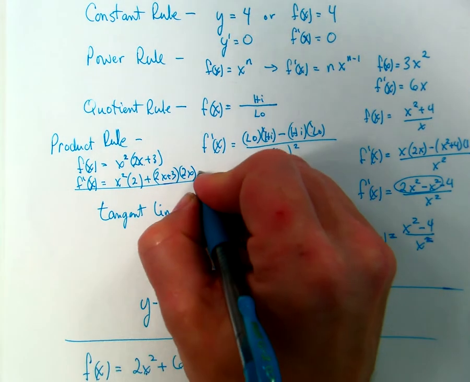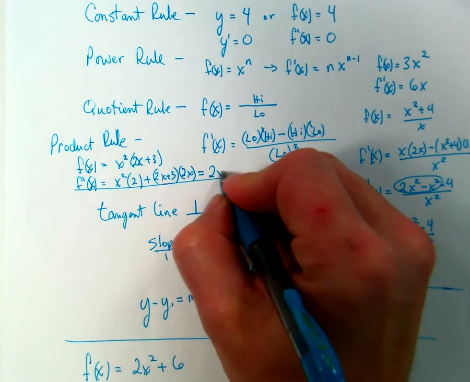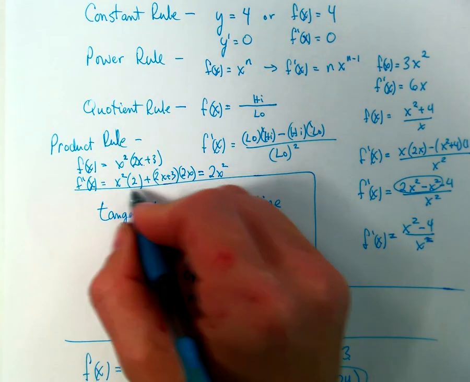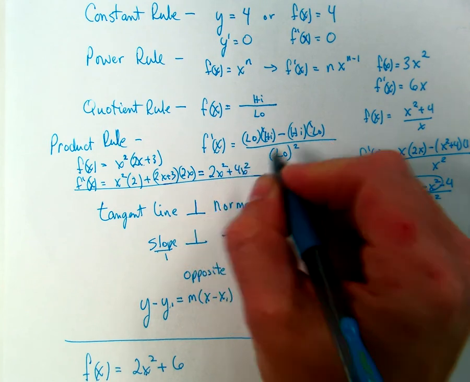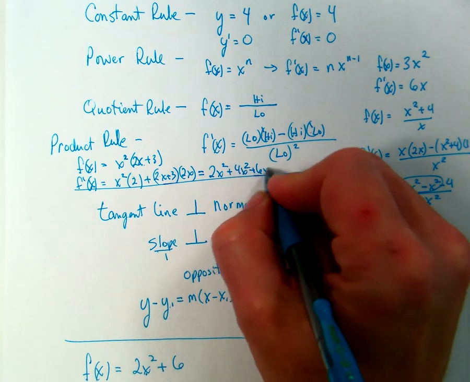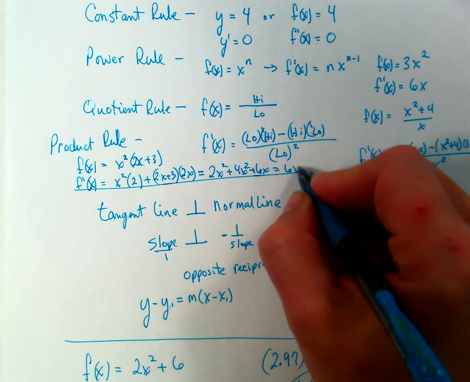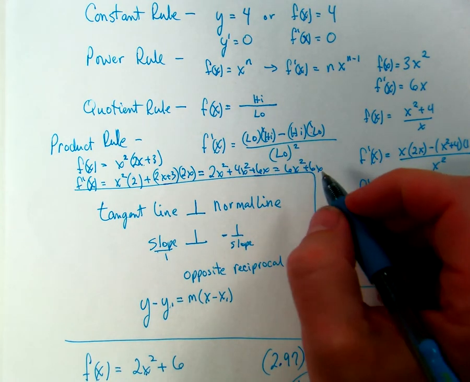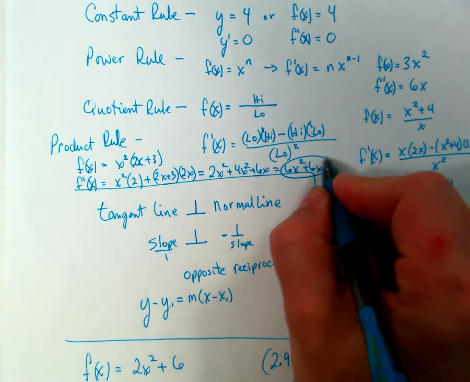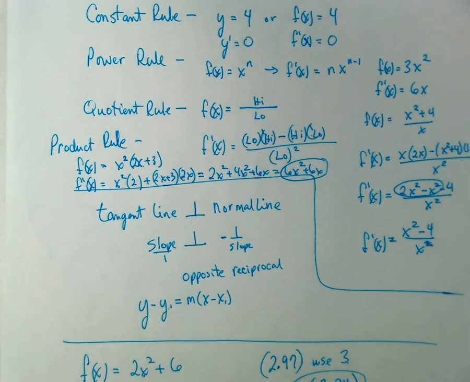And then if we simplified that down, we would have 2x squared here. Then we multiply this in, we would have plus 4x squared plus 6x. We could combine those together. We would end up with 6x squared plus 6x. And that would be your product rule applied here for this function.